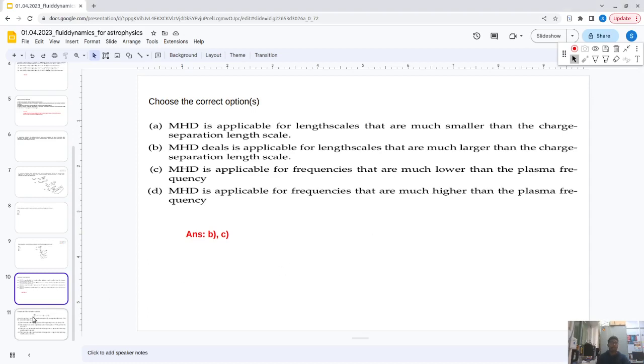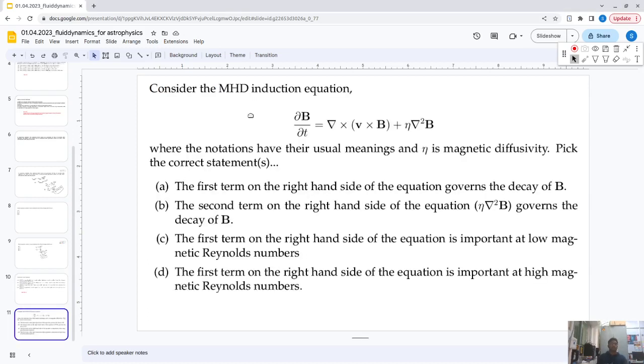Now the next question: consider the MHD induction equation. If you look at this induction equation, you will get a feel that how the magnetic field changes with time depends upon two terms.